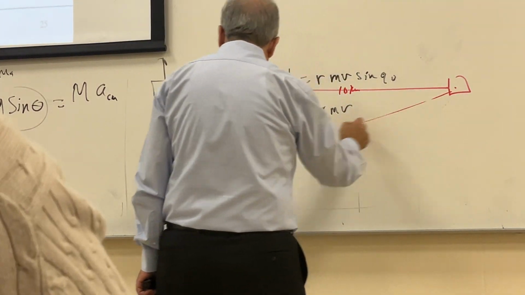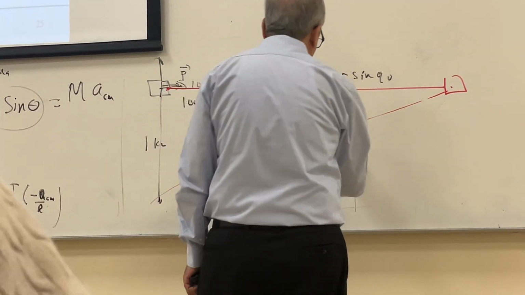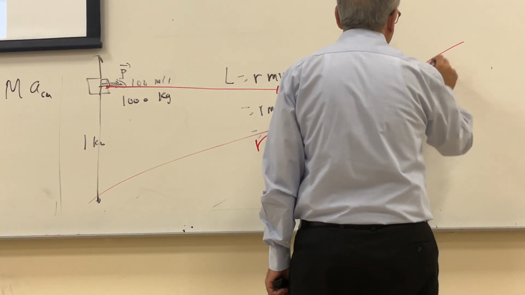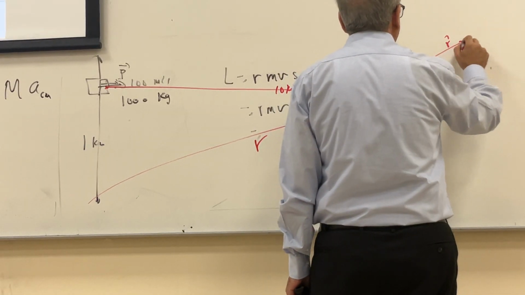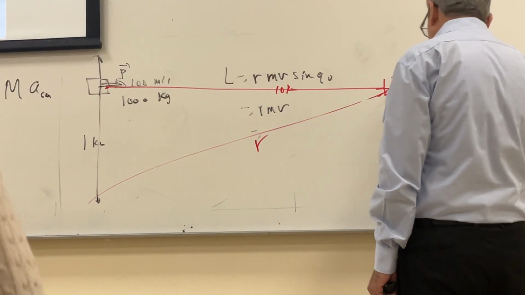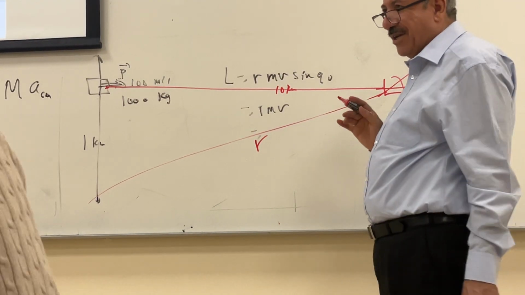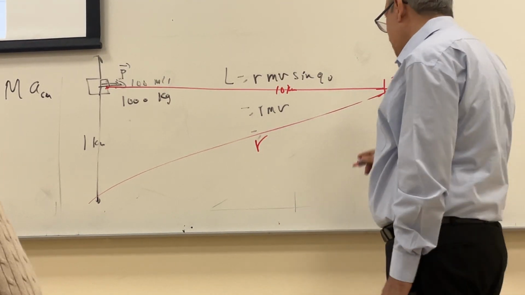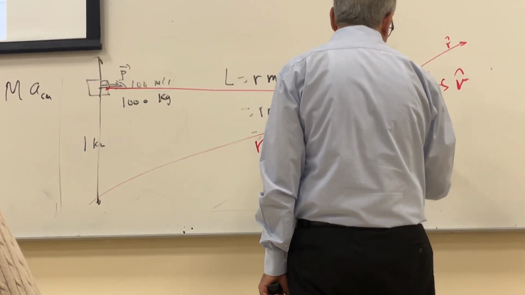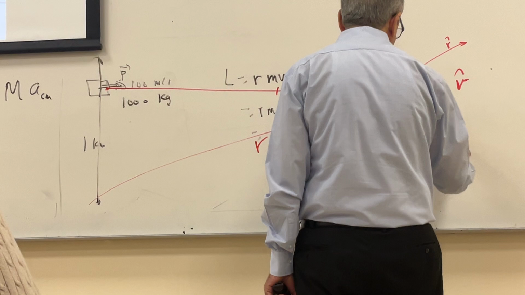So now where's R? This is R, so it's R times V. This is the angle theta. This is the R direction, R hat, and this is V hat. A unit vector shows the direction. This is the angle between them. So what is the angle between them? R M V sine theta.